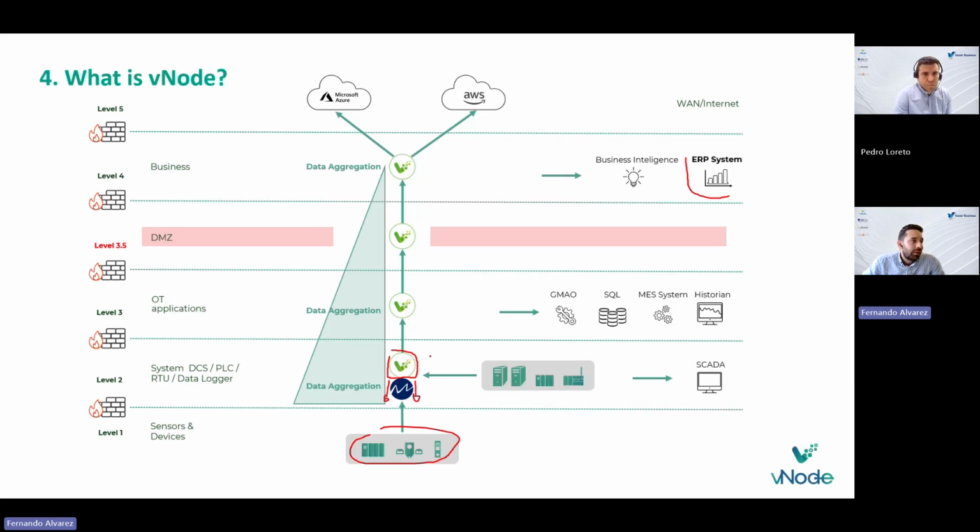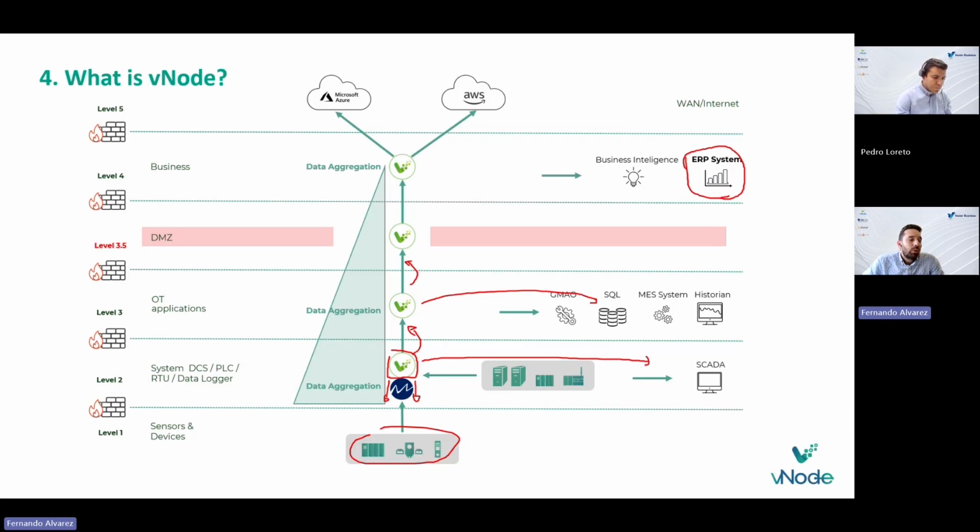It doesn't matter the brand or the protocol that the specific OT data source supports, and it delivers the data in a secure way to the vNode on top, to the vNode in the other network. This software can also solve the communication with a local SCADA, or with an SQL database in another network. But in this case, the purpose is to connect the ERP on top with the PLCs.